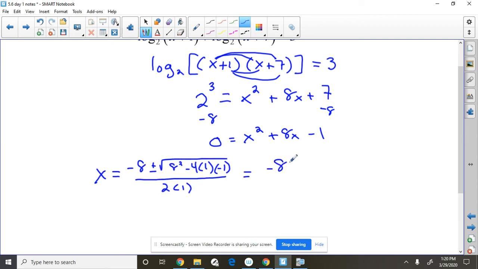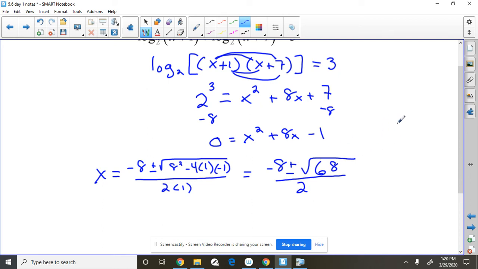So I have negative 8 plus or minus 8 squared is 64 minus negative 4, 64 plus 4. This is 68 all over 2.